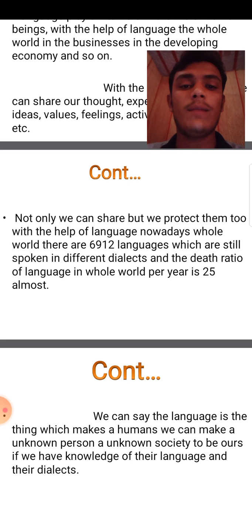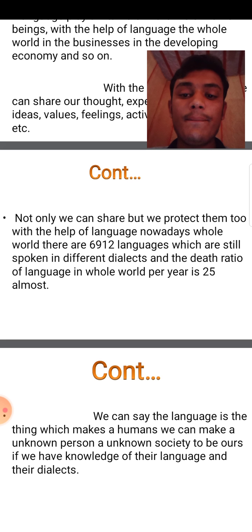If he goes to Saudi Arabia and learns the Arabic language quickly, then he earns more money. If he works and speaks their language with Arabs, he can easily earn more money because of language.